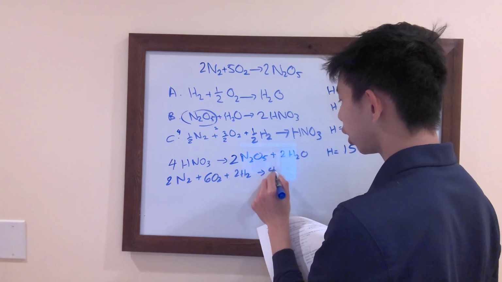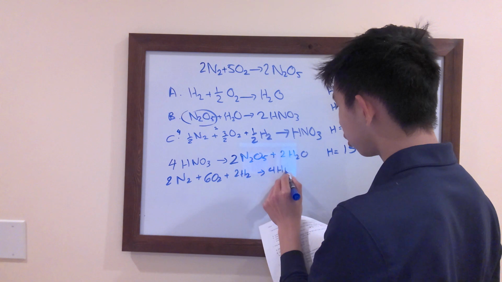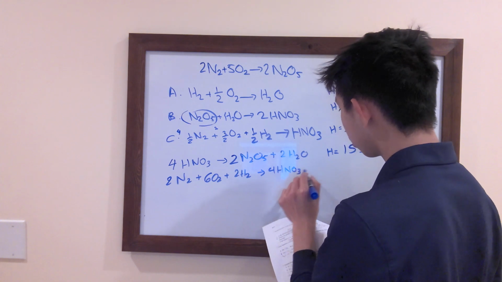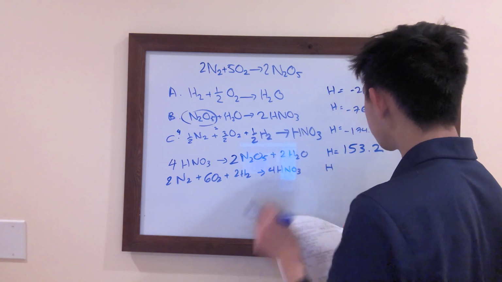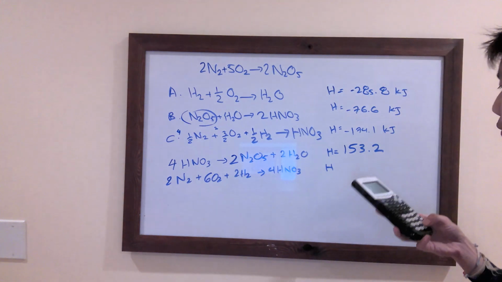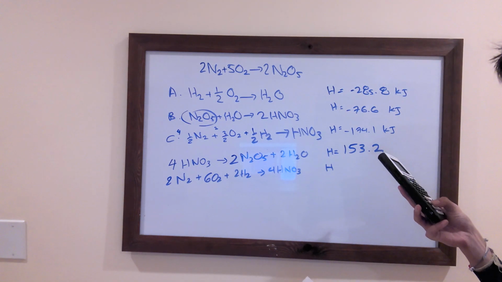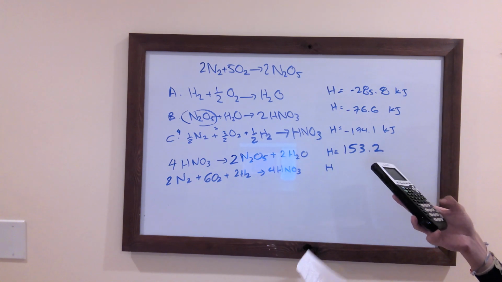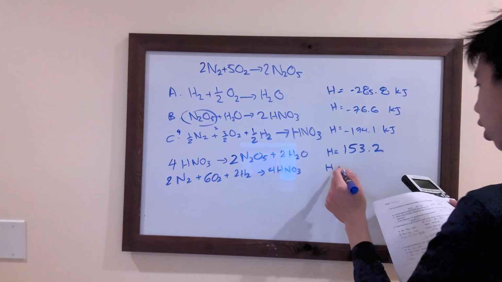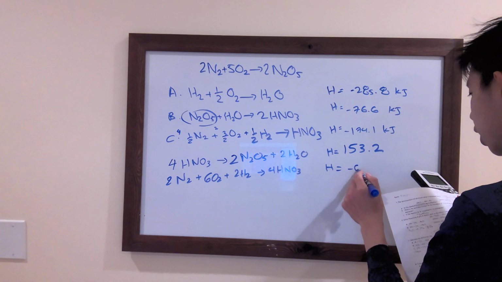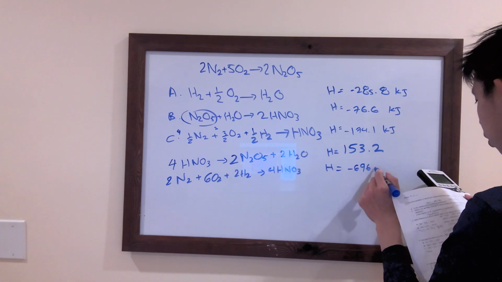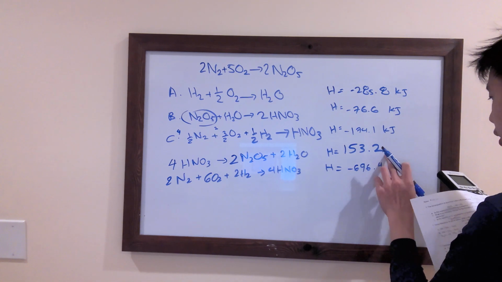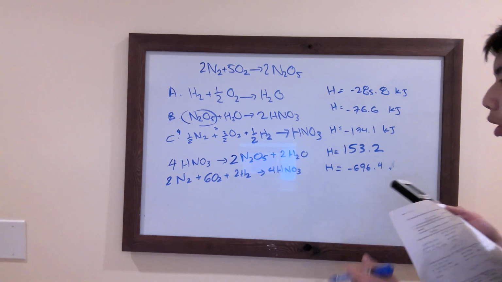So we give us 4HNO3. And then the H, it'll just be negative 174.1 times 4. This is gonna give us negative 696.4. Yeah, I don't need to put kilojoules.